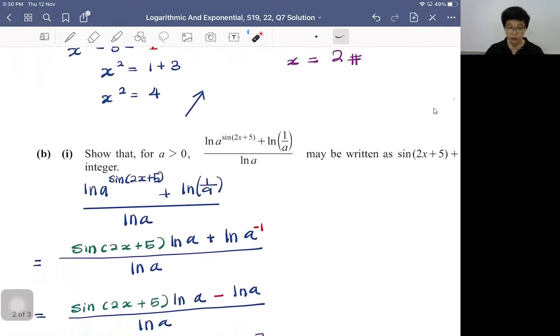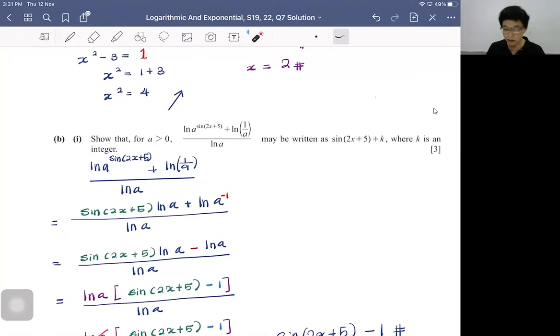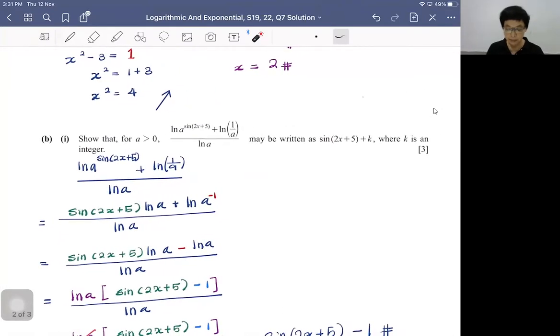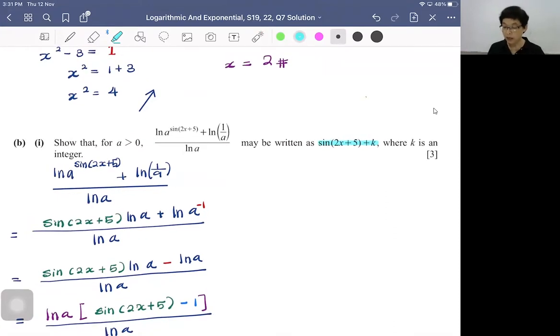Let's move on to section B1. At a glance, it may look somewhat intimidating. Let's read the question. Show that for a bigger than 0, the whole statement may be written as sin(2x plus 5) plus a constant k, where k is an integer.